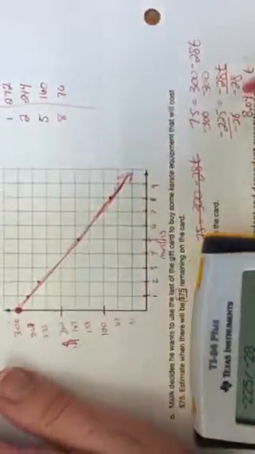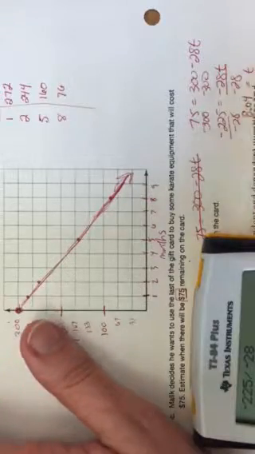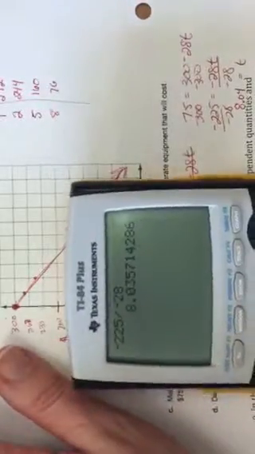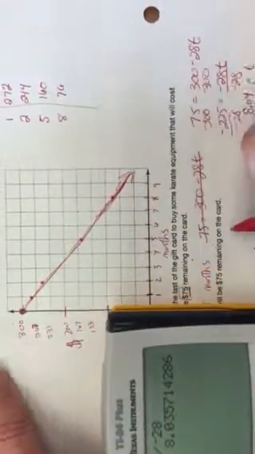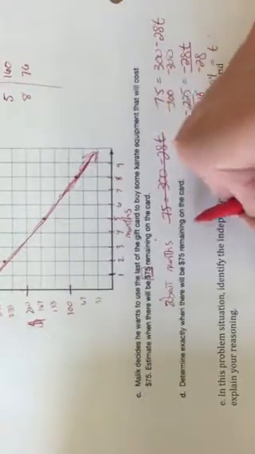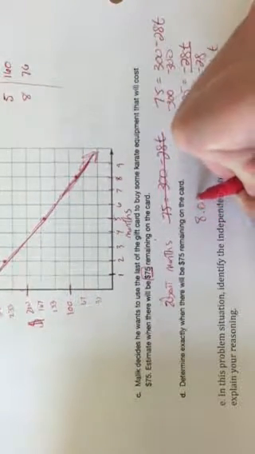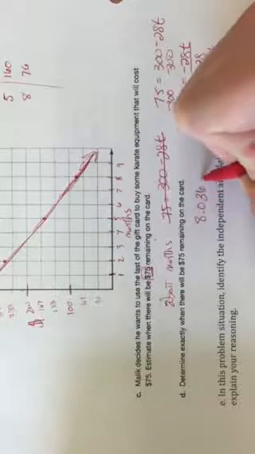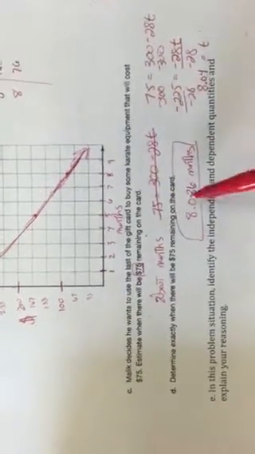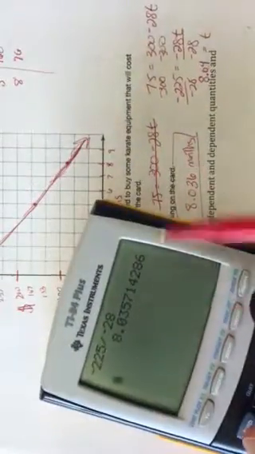So if you want to use exactly, this is more exact, right? But more practical, 8.036 months. So we're still kind of having to round, but this is a little bit more exact.